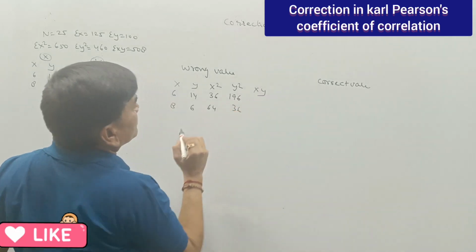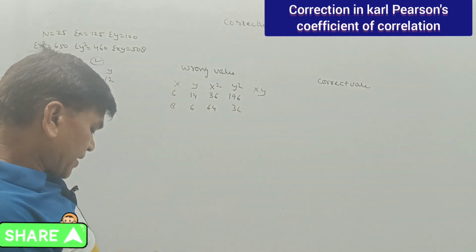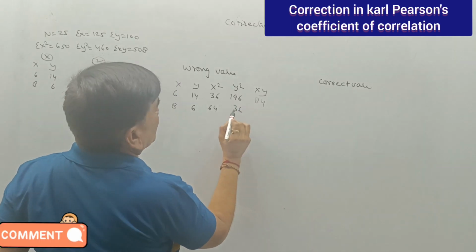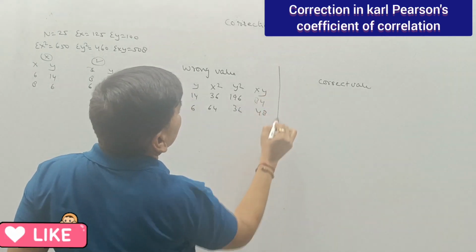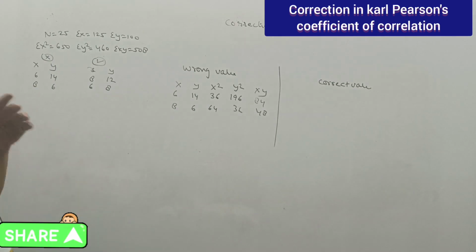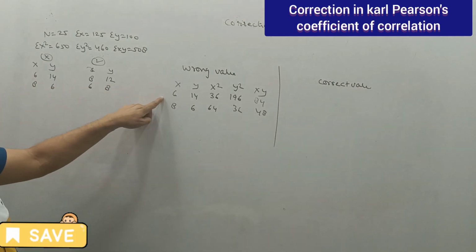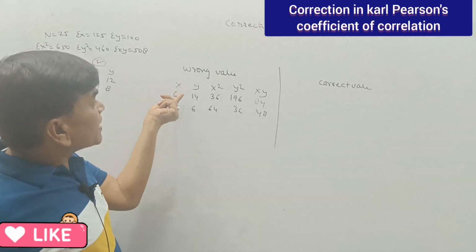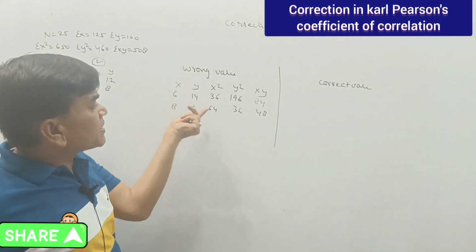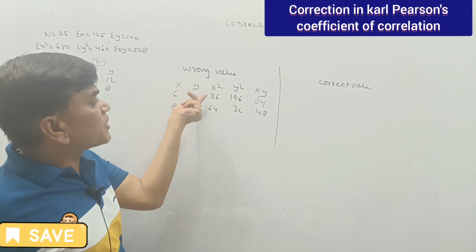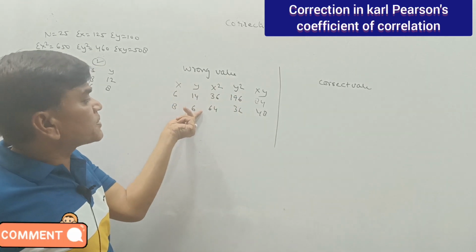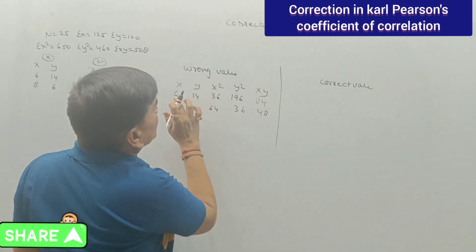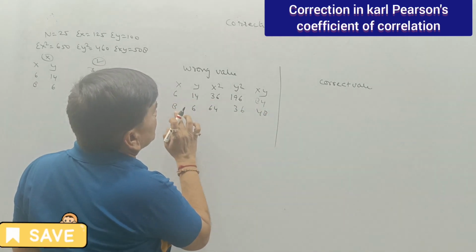And x times y: 6 multiply 14 is 84, and 6 multiply 8 is 48. This is the wrong value.